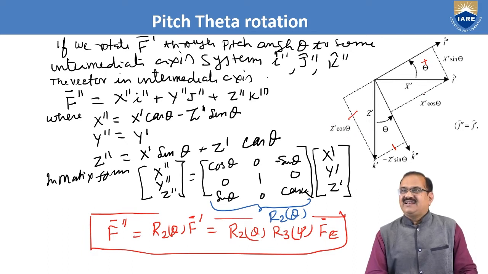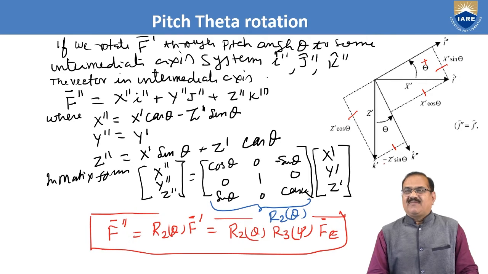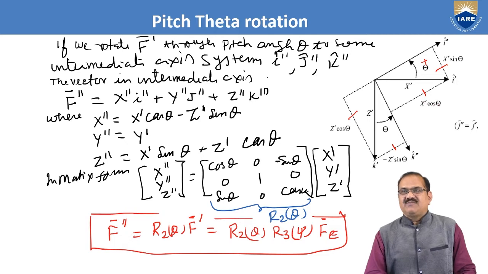Okay, is it clear? I think it is okay that we have made the two components of X prime and two components of Z prime.